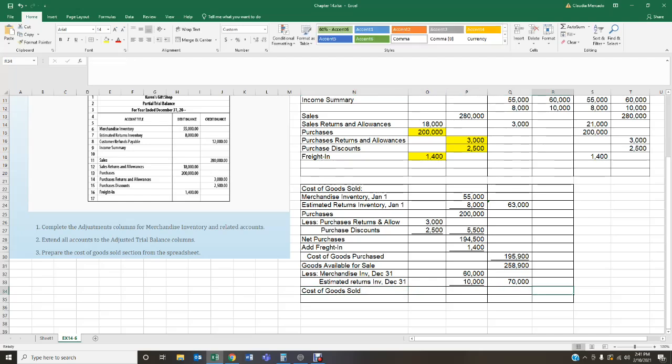And then finally I can calculate my cost of goods sold. To get your cost of goods sold, we're going to get the $258,900, which is our goods available for sale, minus our 70,000. Okay, and that will give us $188,900. That would be our cost of goods sold.